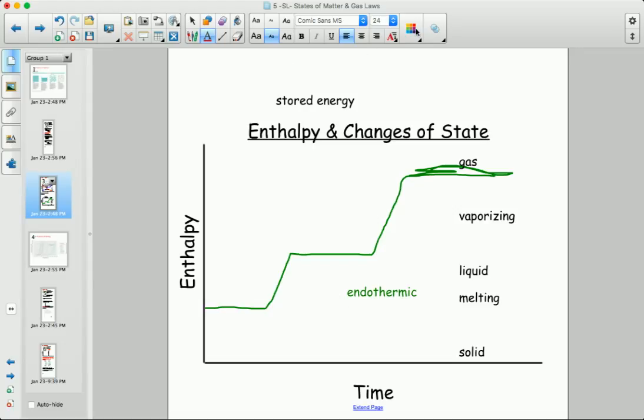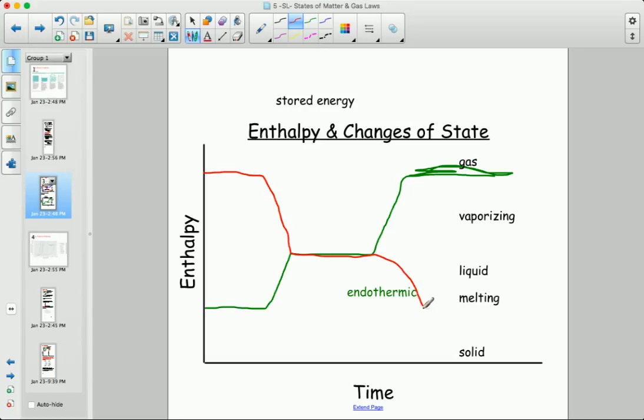In order to make something go from gas to liquid and liquid to solid, those are going to be exothermic. So something starts off as a gas, but as it condenses, it loses energy, and so it releases energy to the surroundings. And then it's a liquid. And then as it freezes, it loses energy to the surroundings. And then it's a solid.